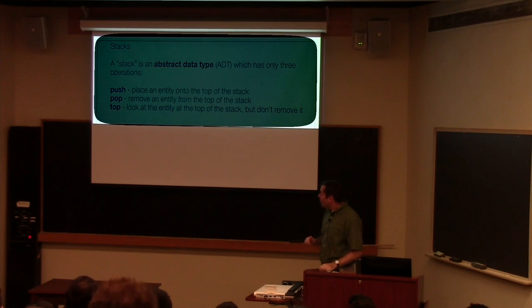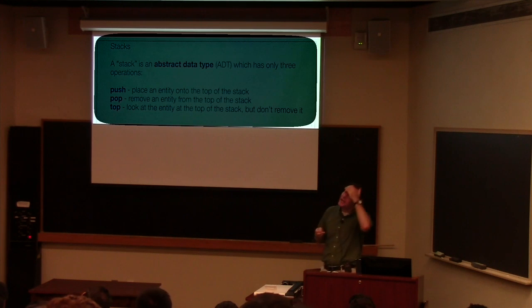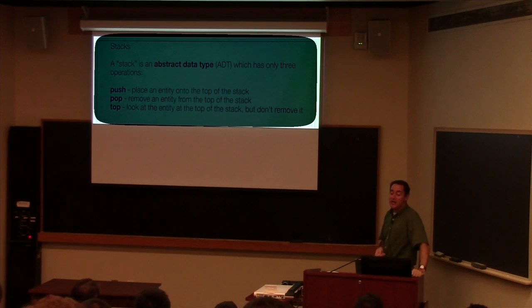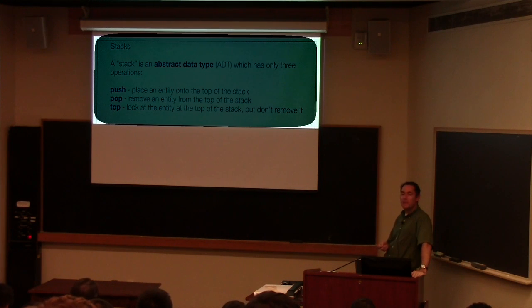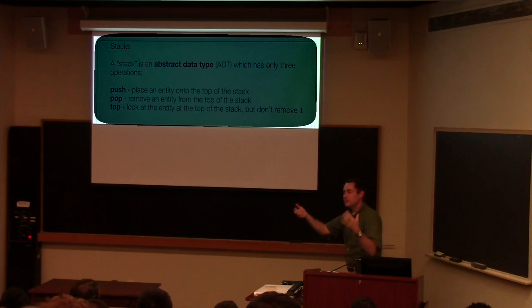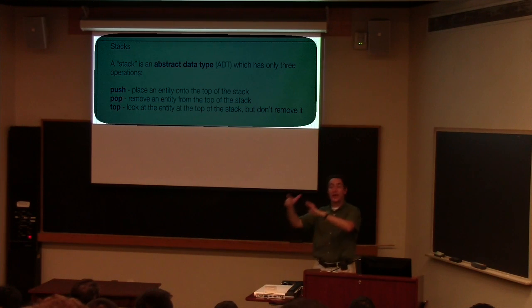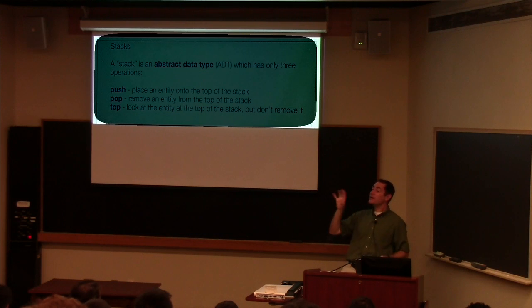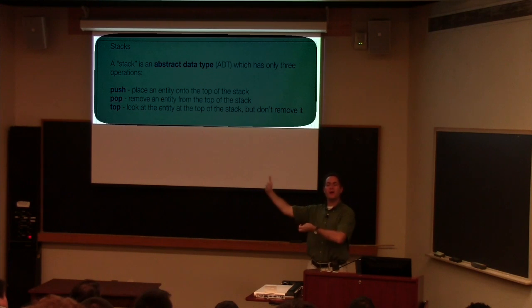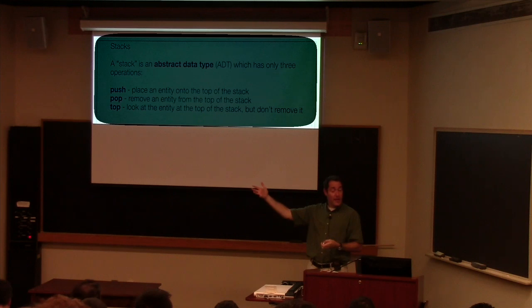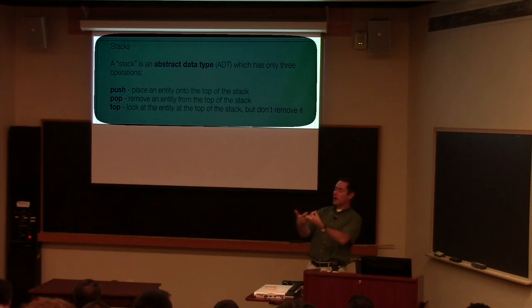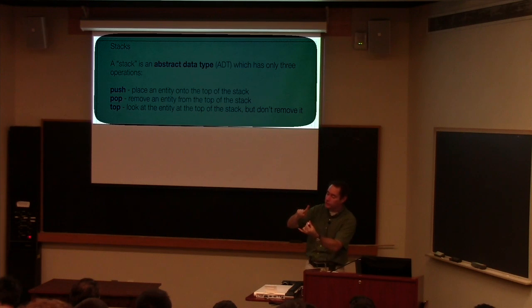OK, so as I said right at the beginning, a stack is an abstract data type. Now, what that means is that, remember, we've got a differentiation between a data structure and an abstract data type. An abstract data type says, here are some functions I want you to do. And the data structure is the underlying method for doing it. Are you using a linked list?